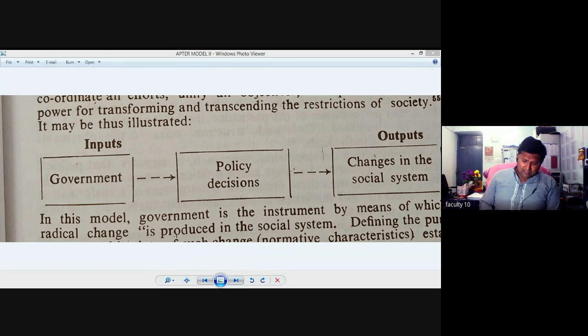So the nature of these capabilities is contained in the operation of the input and output. So the capability of a political system is also important when the political system converts the input into the output. It is not that if the input is good, then the output will be good.